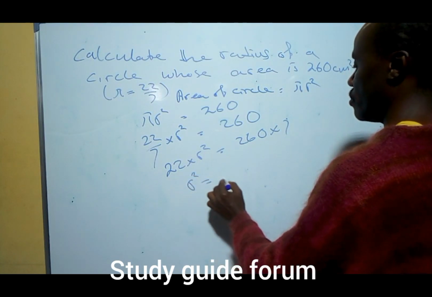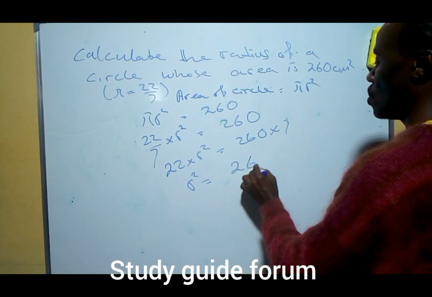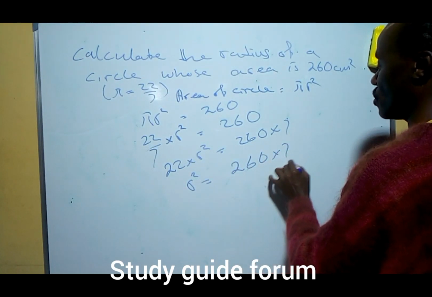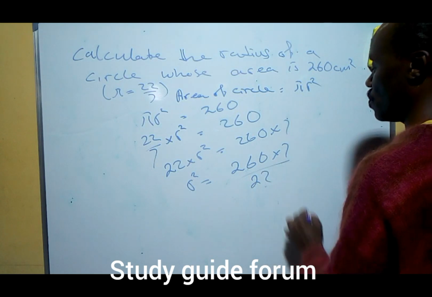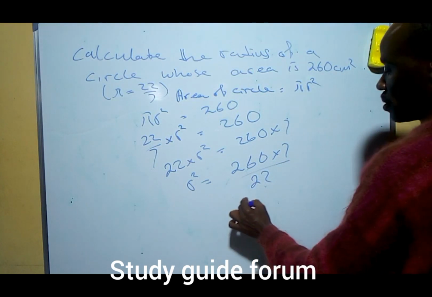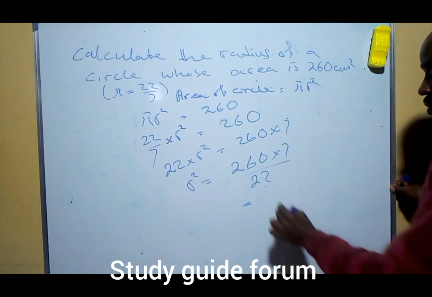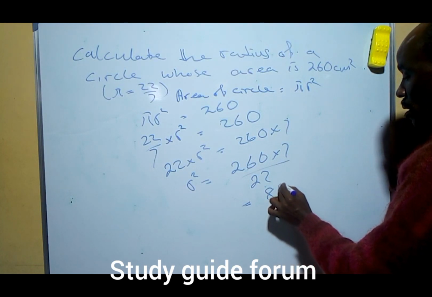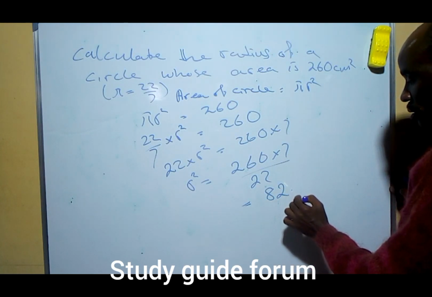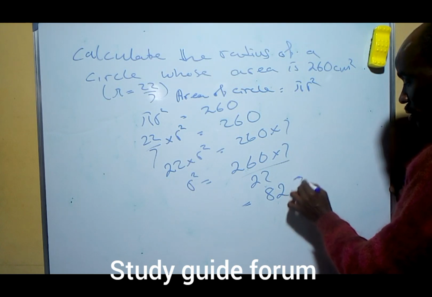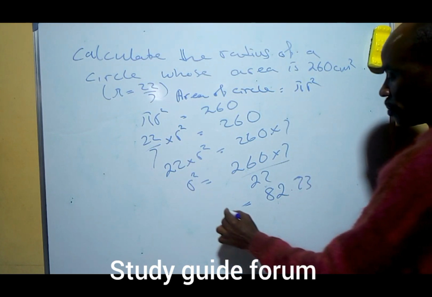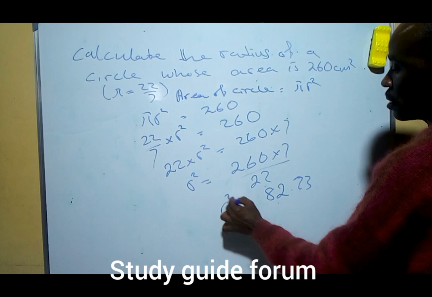So r squared will then be 260 times 7 all over 22. That will give us 82.733 for r squared.